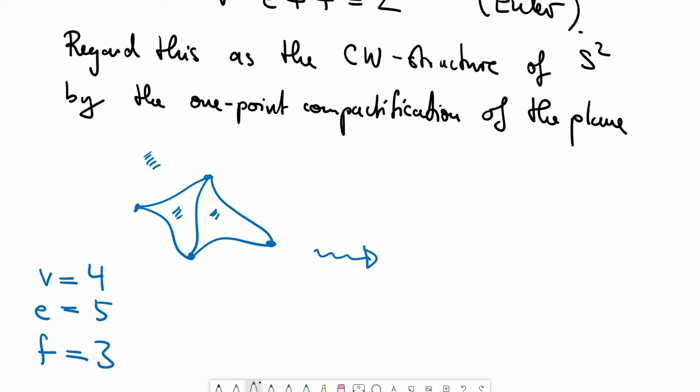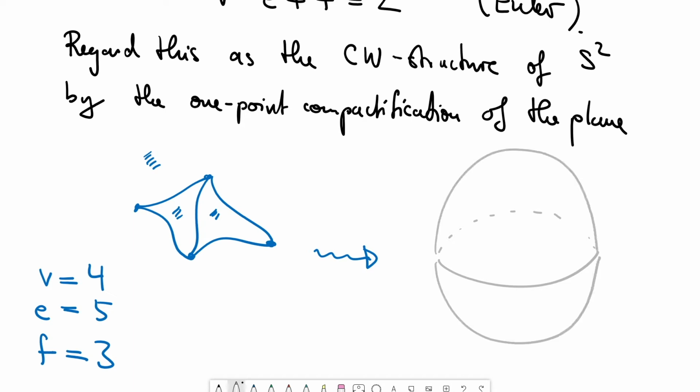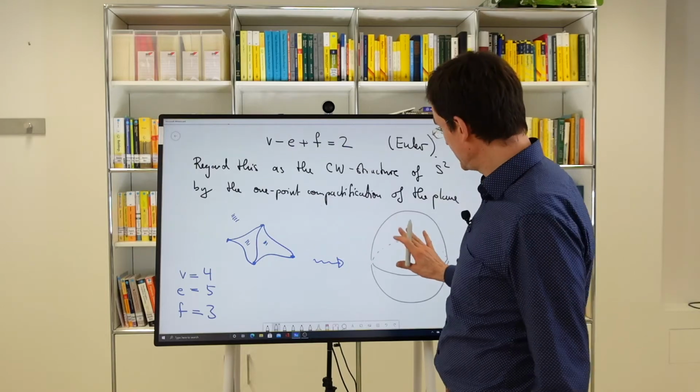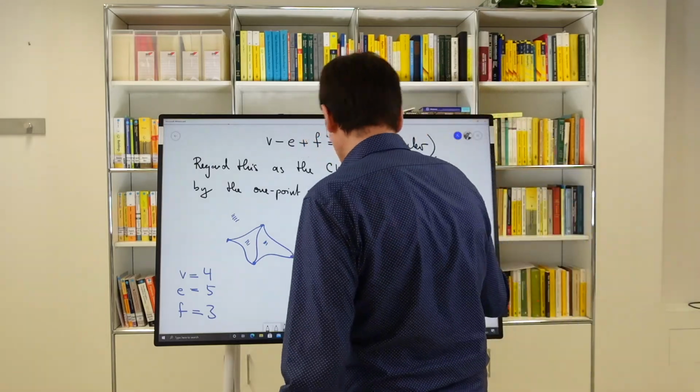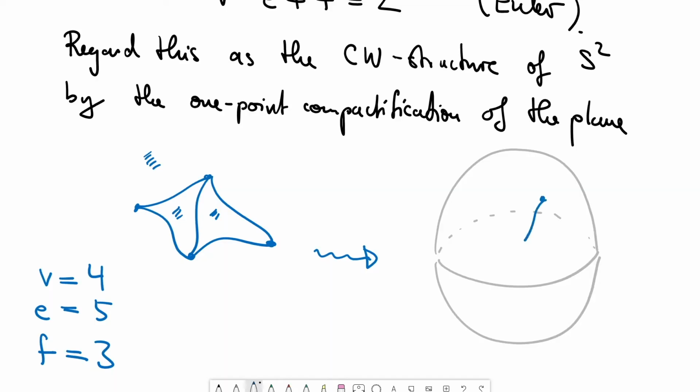And now we want to consider this on a sphere. So we take the one-point compactification of this picture by stereographic projection. You can now project this graph onto the sphere, and then we obtain the corresponding picture. Morally, something like that, drawn onto the sphere.